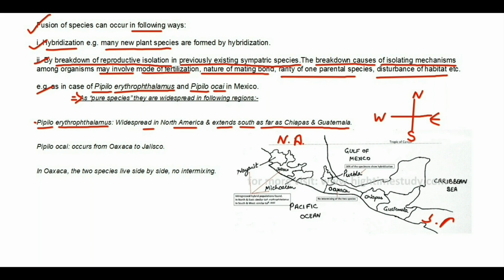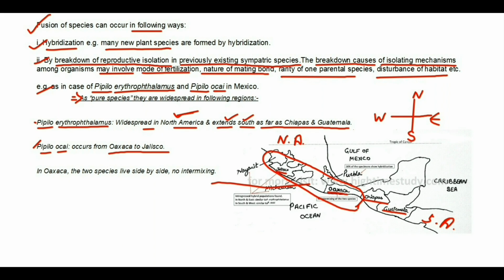I hope you will understand this. So Pipilo erythrophthalmus occurs in North America and extends south as far as Chiapas and Guatemala. I hope I'm right in pronunciation. Next we have Pipilo ocai, which occurs from Oaxaca to Jalisco in this area.